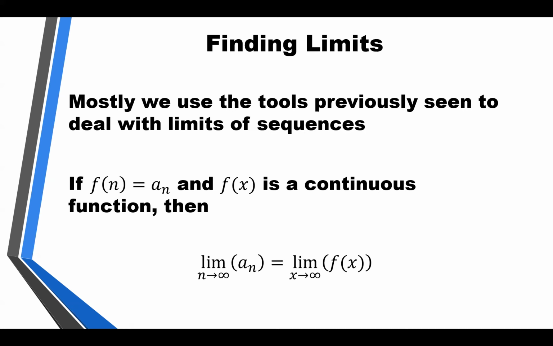In particular, if the expression for the nth term in a sequence is given by f sub n, and if f of x is a continuous function over the real numbers, then I can just say the limit of the sequence works just like the limit of the function.